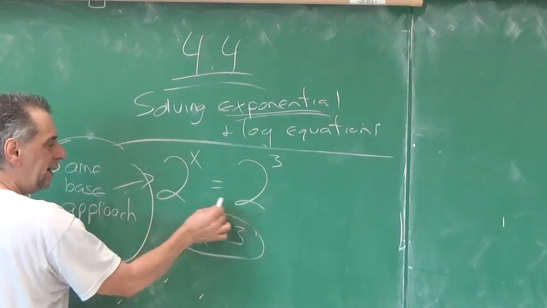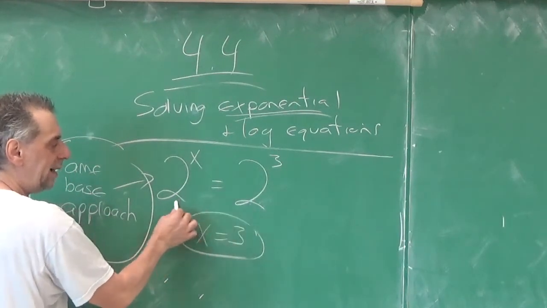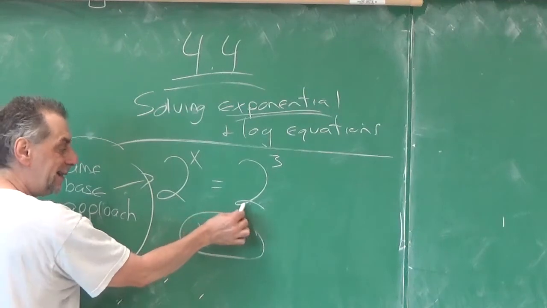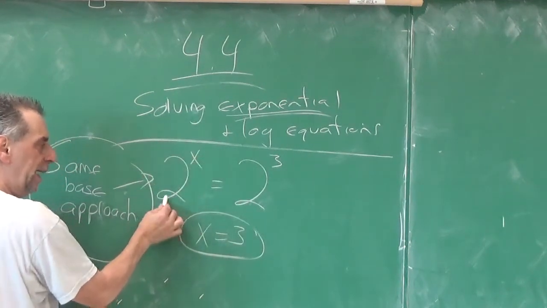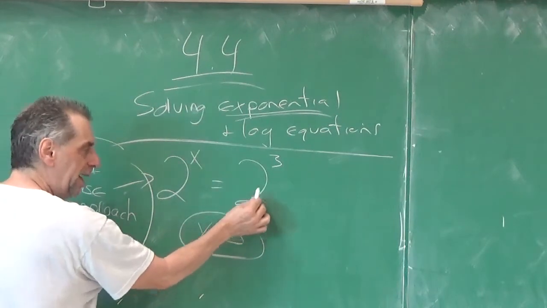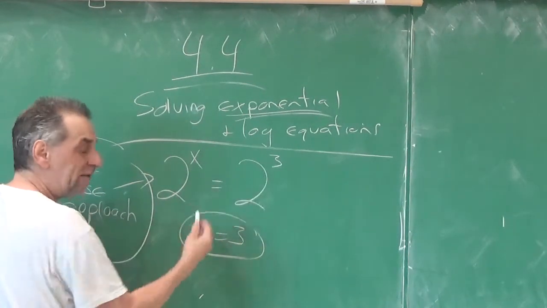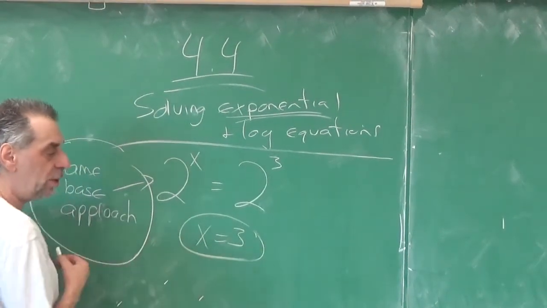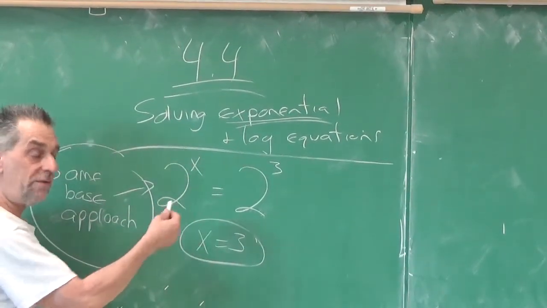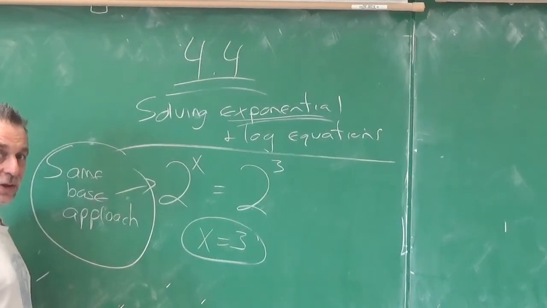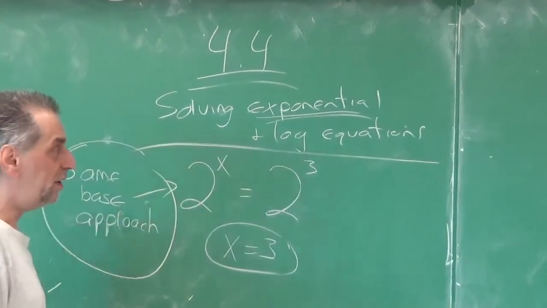So if we can create this situation where we have the same base, any base, as long as it's the same, and that's all that's on this side is a base raised to an exponent and a base raised to an exponent, then the exponents have to be the same. So we set the exponents equal, and it's not always just going to be x, it might be 2x plus 1 or some function of x that we have to then solve using techniques from previous chapters.